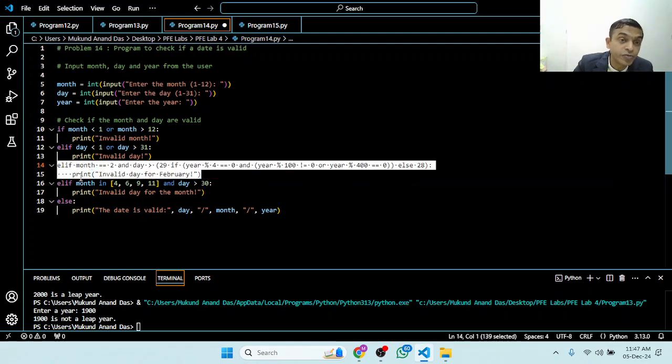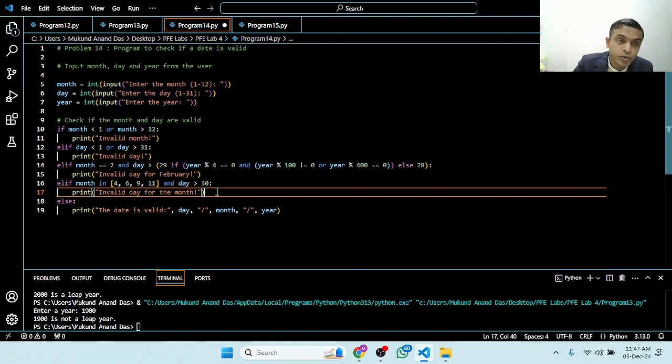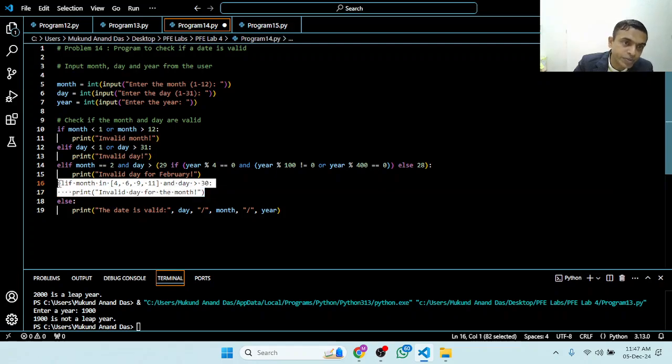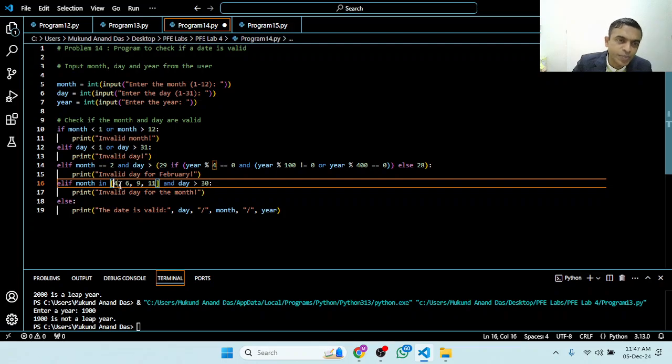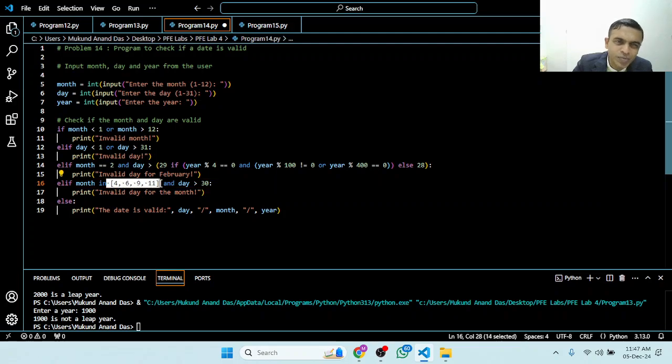Now we have to check for April, June, September and November. So we'll check for April. Now look at this, slightly little bit more we are seeing, but this we will be seeing after mid-sem when we study the even more advanced data types in Python, like list. So here it is defined as a list.